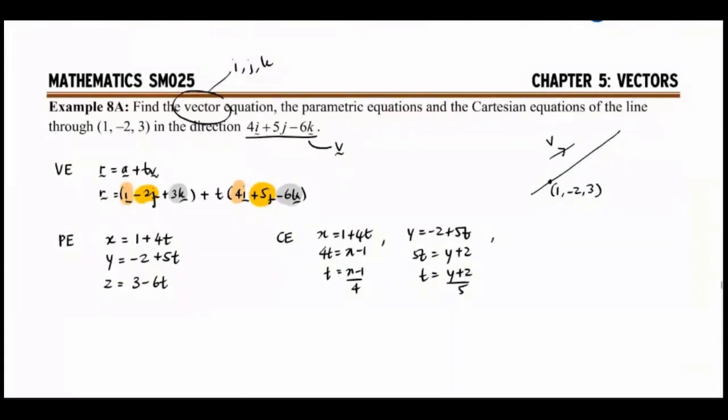And then the last one, which is for the Z. So we're gonna have 6t equal to Z minus 3. So T will be Z minus 3 over 6. So you equate these three equations, we're gonna have X minus 1 over 4, Y plus 2 over 5, and then Z minus 3 over 6. So this is your CE. Okay, so that's how we solve for example 8A.